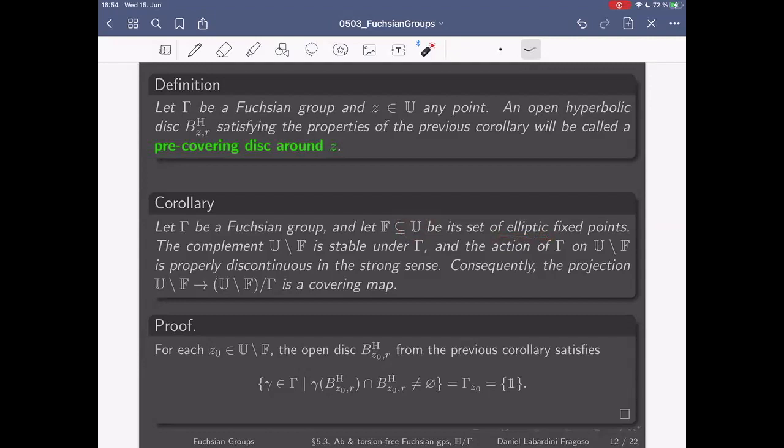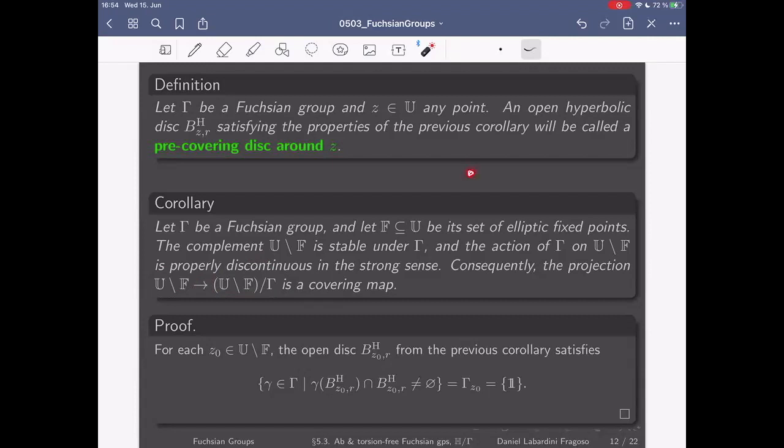And if you take them out, then the first thing that one notices is that the complement is stable under gamma, and the action on the complement of those elliptic fixed points is actually properly discontinuous in the strong sense. Right, and then we get that the projection from that complement to the orbit space is a covering map.